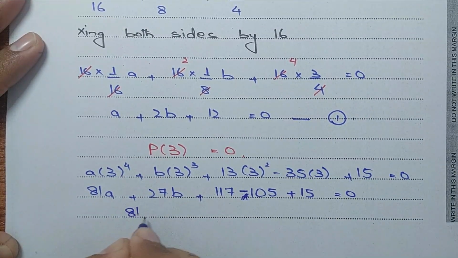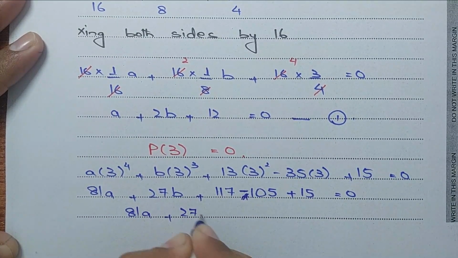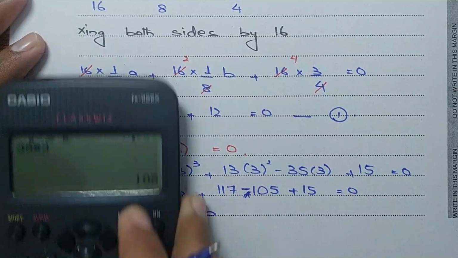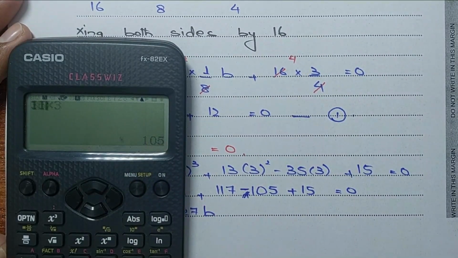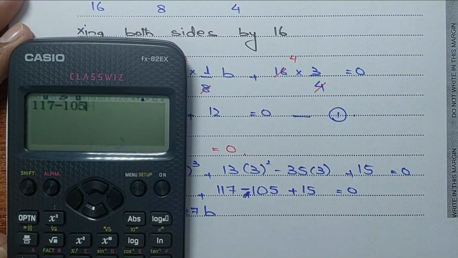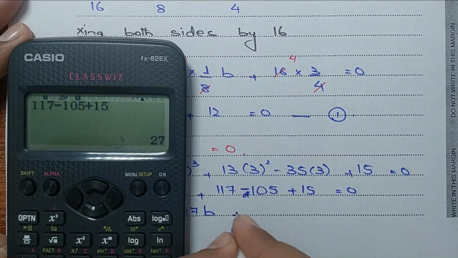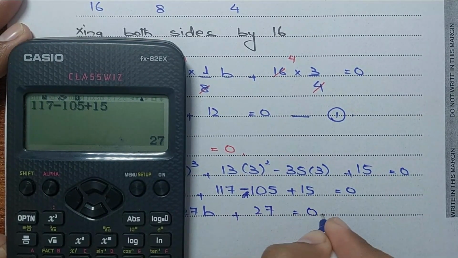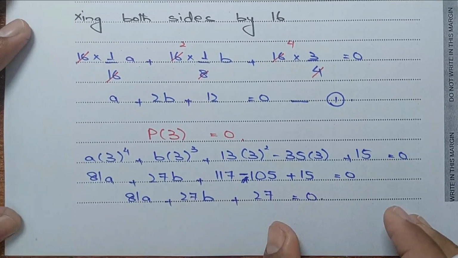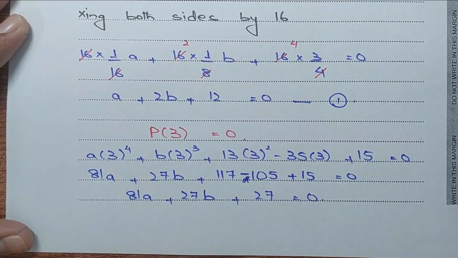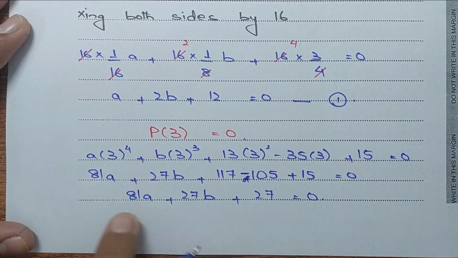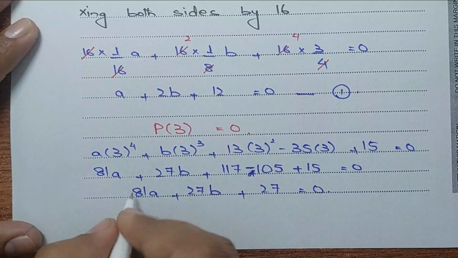Now we have 81a plus 27b, and these are the constants. Let me simplify: 117 minus 105 plus 15 is 27, so plus 27 equals 0. Can we divide by 27? Every term is divisible by 27, yes.